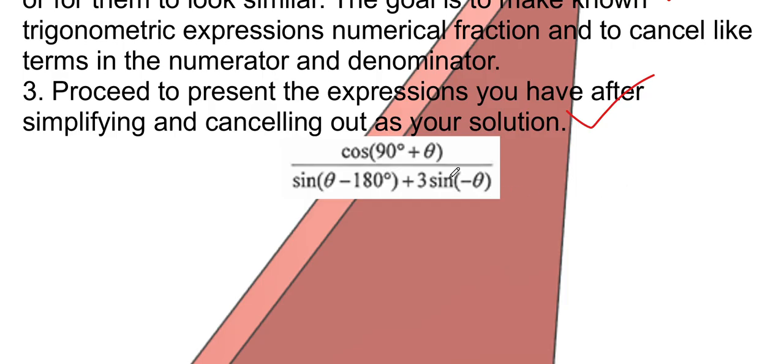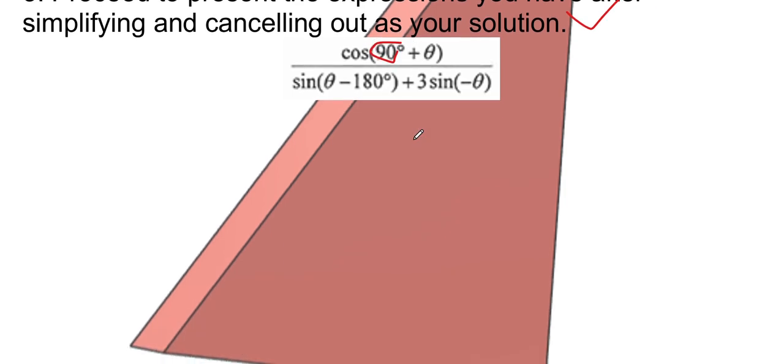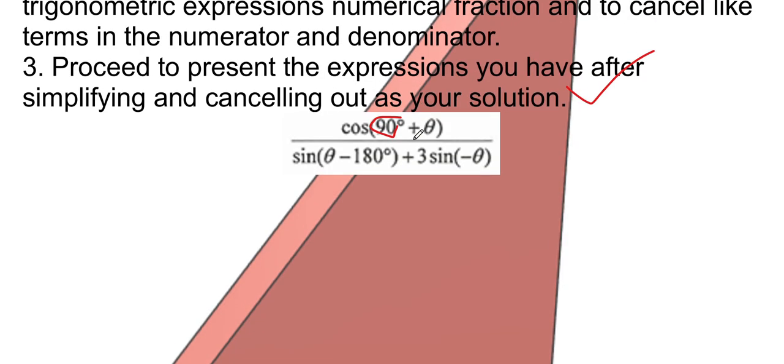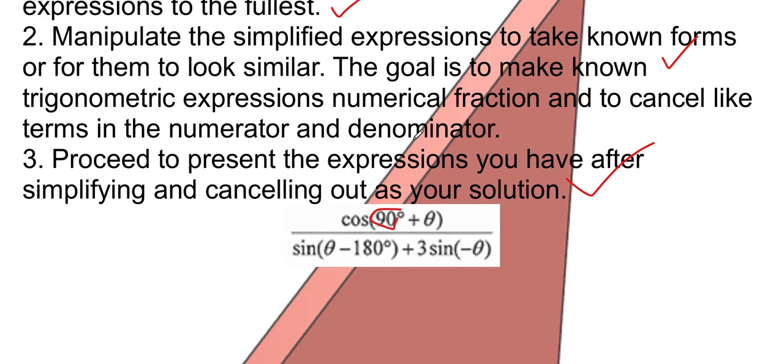If you are dealing with 90 degrees, mostly cos will end up changing to sine in the process of simplifying. So it's all about the reduction formula, getting to the acute angles, if possible getting to the special angles, and simplifying to the fullest. Once you have no other options when it comes to simplifying, you can present the answer you have as the solution.